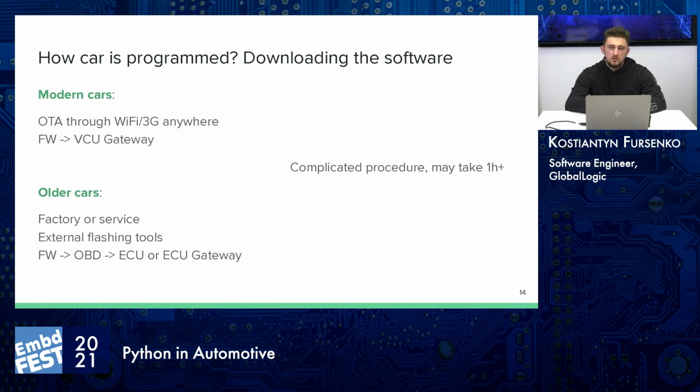There are some issues, such as ECUs that could not be connected, and other ECUs acting like gateways to forward the flashing procedure. Software download is a complicated procedure, and it usually takes a lot of time, probably 1 hour or even more, depending on the car.